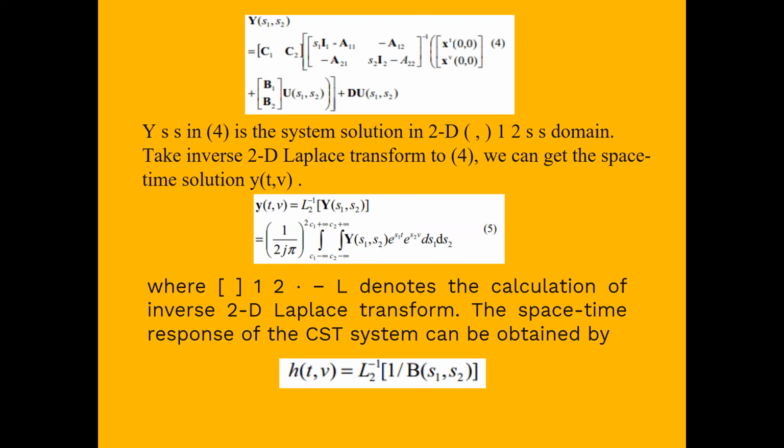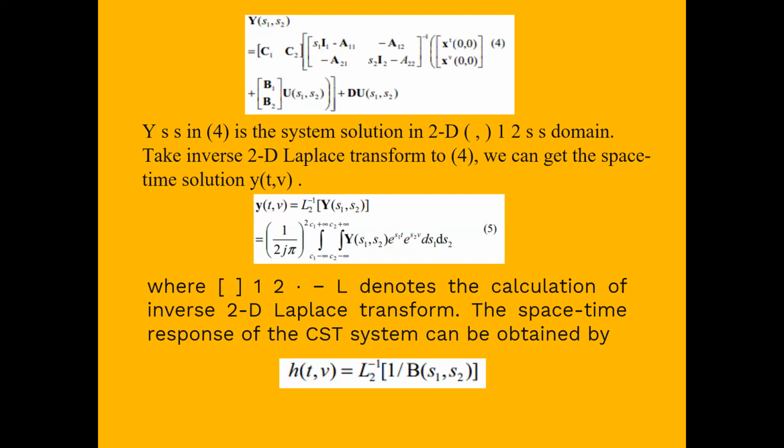Y of t comma v is equal to L2 inverse of y of s1 comma s2, which is equal to 1 by 2j pi whole to the power 2, integration goes from c1 minus infinity to c1 plus infinity and then c2 double integration of c2 minus infinity to c2 plus infinity, y of s1 comma s2 e to the power s1t e to the power s2v ds1 ds2, where L2 inverse denotes the calculation of inverse 2D Laplace transform.